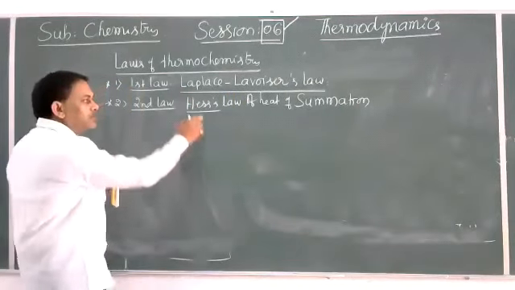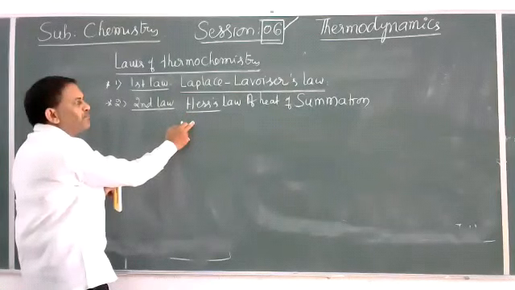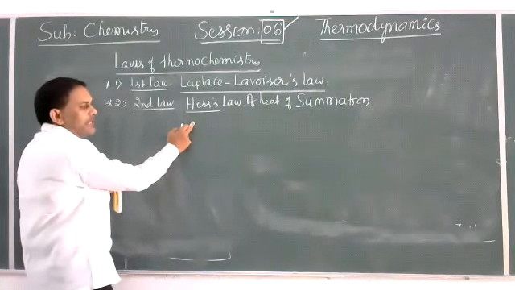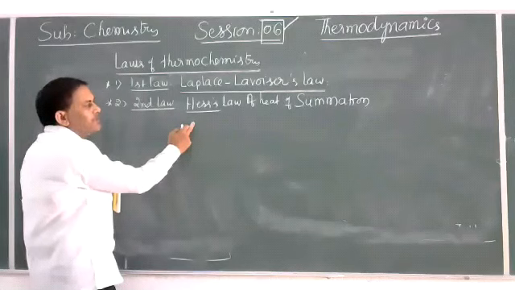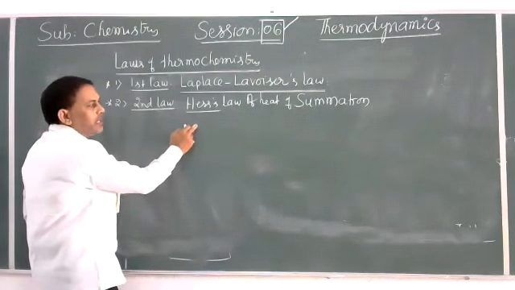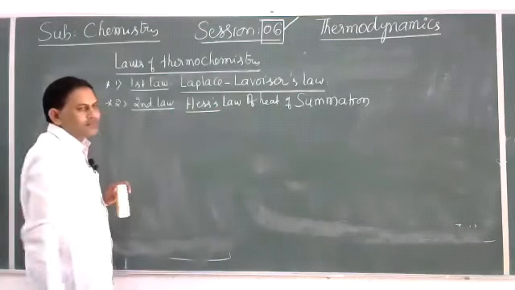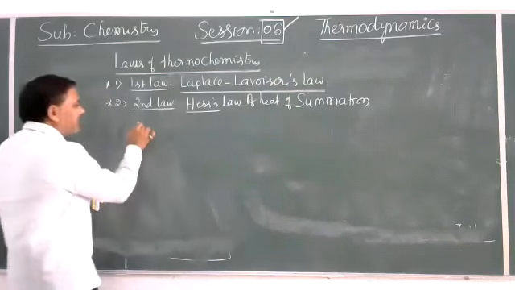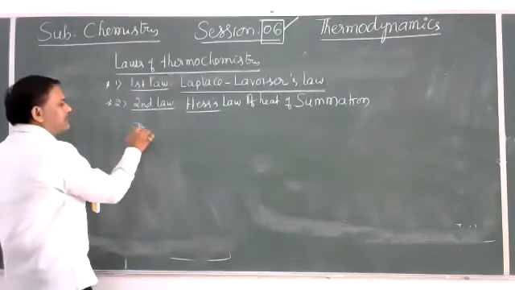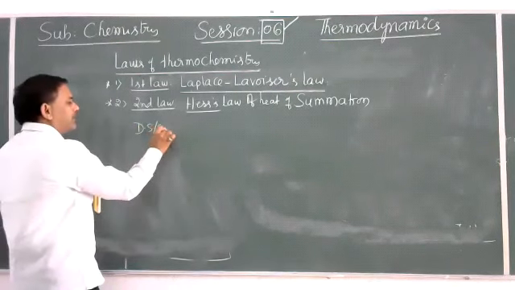According to Hess's law, when a chemical reaction takes place in a single step or in multiple steps, the amount of heat liberated or absorbed remains constant, the same. For this, I'll give a simple example. Direct step or a single step.